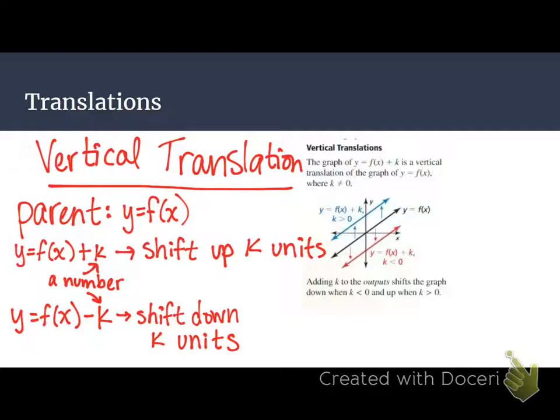Okay. The difference happens because we are not subtracting or adding to our inputs. We are adding and subtracting from our outputs because we're outside the parentheses. Questions or concerns about vertical or horizontal translations? Need more time on this slide.